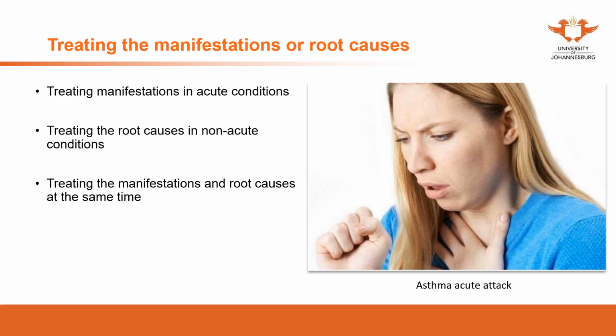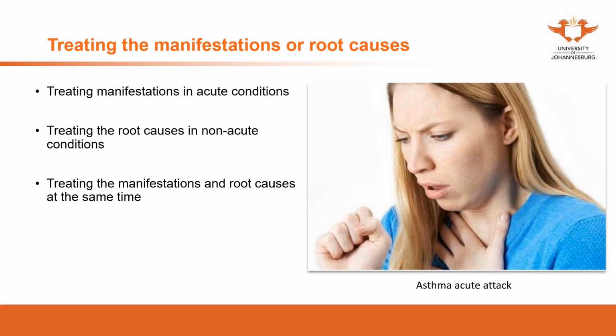And in a non-acute condition, we need to treat the root cause, again with asthma. For this lady, once the cough or difficulty breathing has been relieved, we need to tonify and strengthen the lung function, the spleen function, or the kidney function to recover and prevent the asthma from happening again. That's also prevention, so that's treating the root cause.